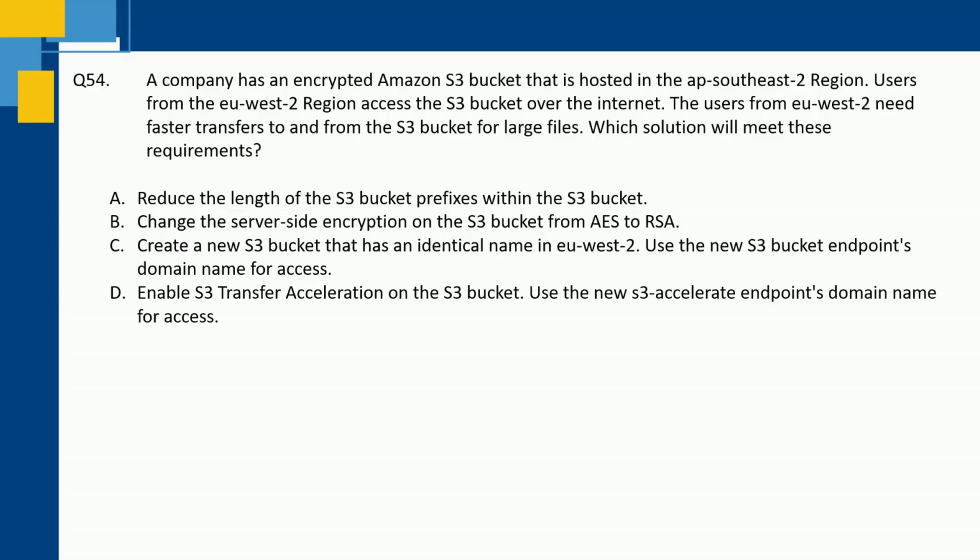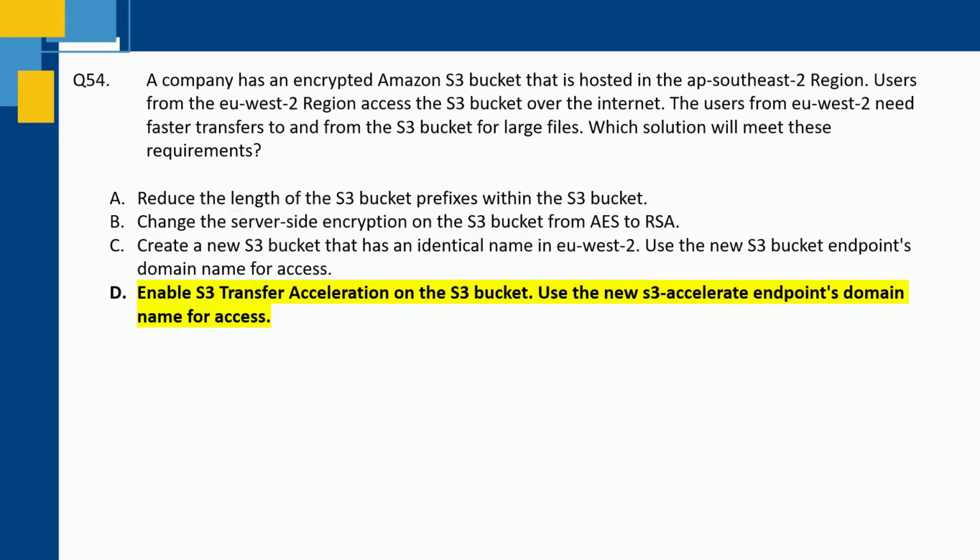Now folks, the problem statement here is users in EU West 2, which is London, are accessing an S3 bucket in AP Southeast 2, which is Sydney, over the internet. For large files, this results in high latency and slower transfers, and the best solution would be to use S3 transfer acceleration.